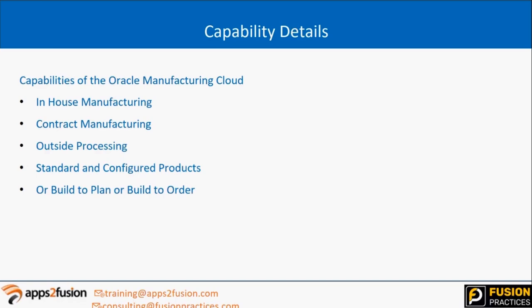Configured products are typically where a customer can choose from the options inside an ATO model. A very classic example of an ATO model is your laptop or desktop computer, wherein you can choose what processor you want, how much memory, what the screen size is, what the RAM is, and the hard disk space.